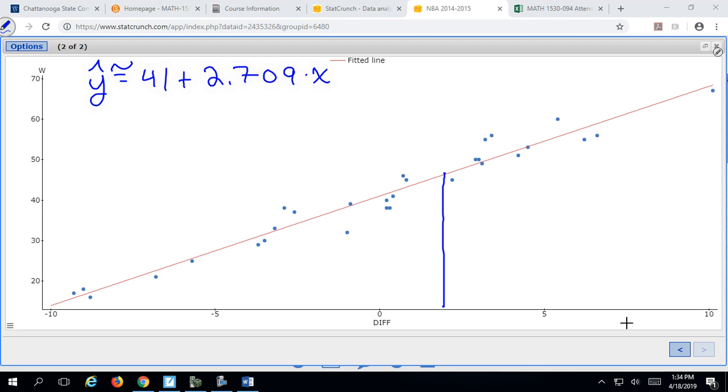The line tells me how many wins, right? 46. That's a terrible line, but I tried. So you plug in the x value, the equation predicts how many wins you'll get.